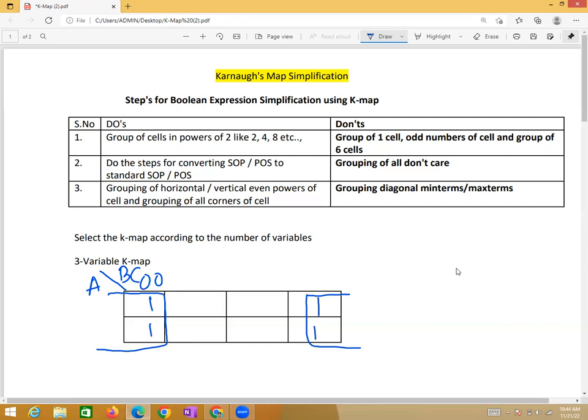And what are the steps that are not possible in K-map simplification? First, grouping of one cell is not possible, and also odd numbers of cells and grouping of 6 cells. Odd numbers of cells means, for example, if here you have 1, 1, 1, this grouping is not possible.